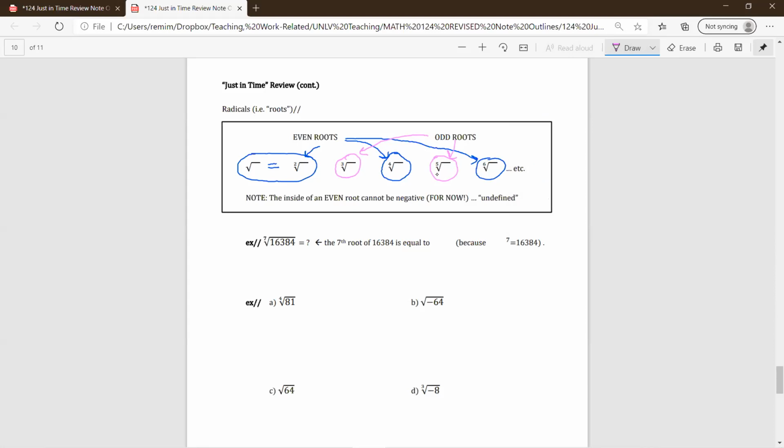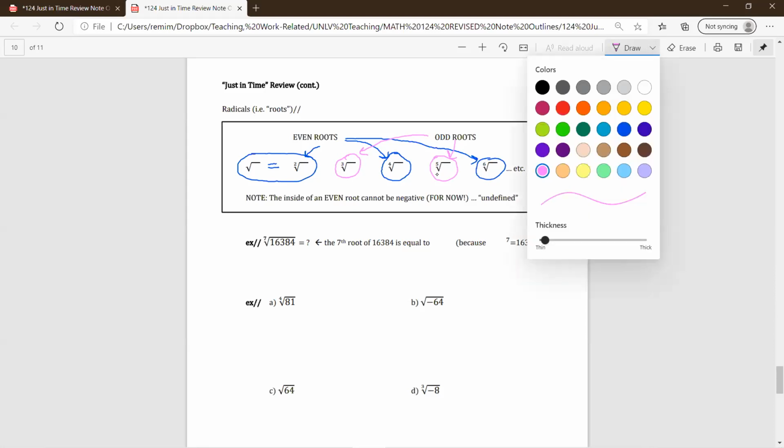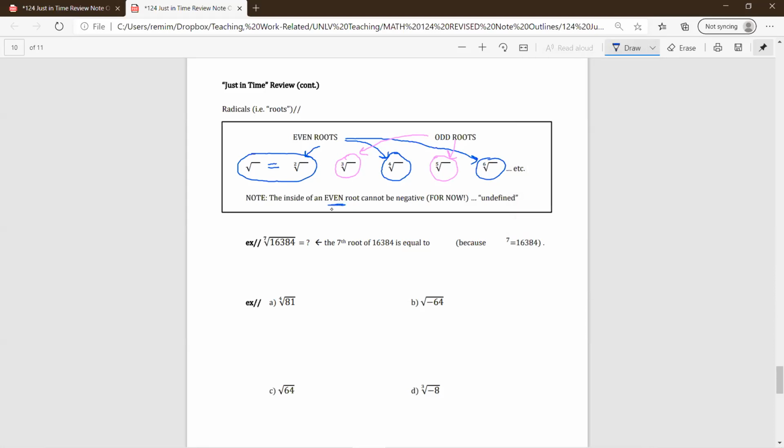And then here's a note. Anytime you have an even root, the inside of the even root, so say here, the part inside cannot be negative for now.